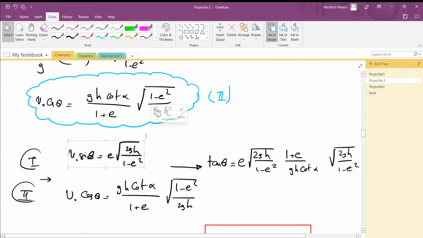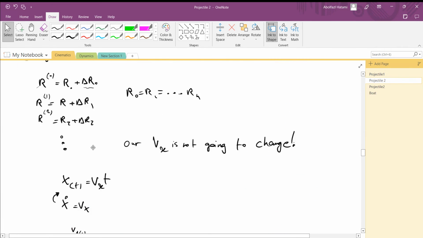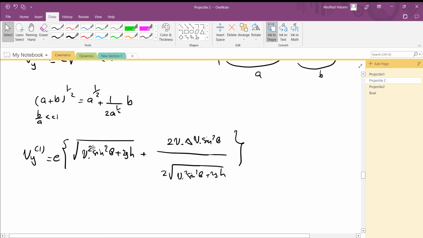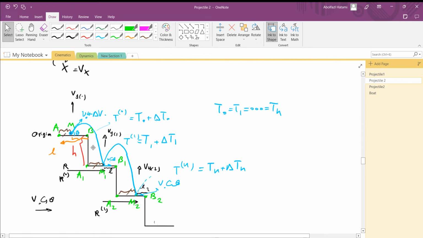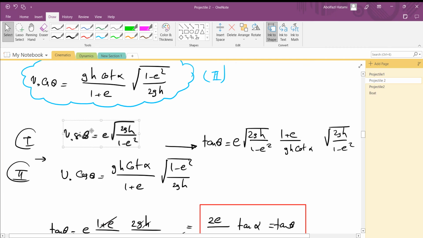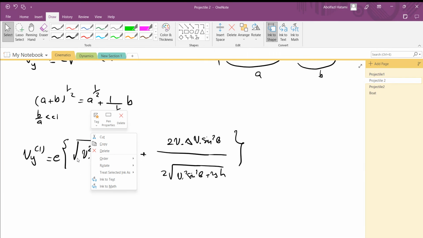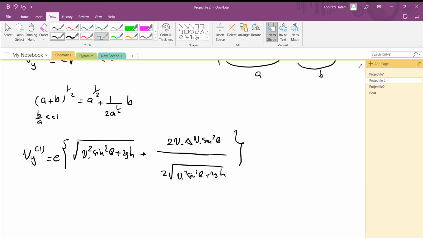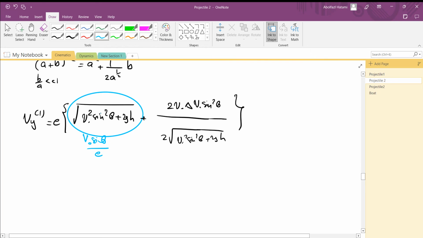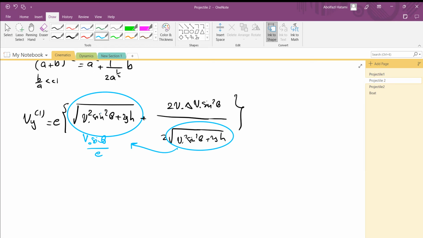We obtained this equation from part A. We know that v0 sine theta is something like this, and if we substitute this v0 sine theta in this equation, we understand that it is just v0 sine theta over e. We just understand that it is it.